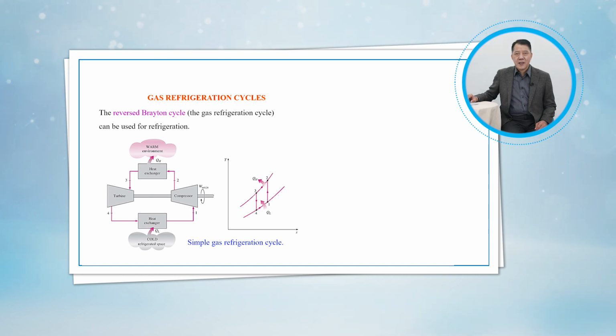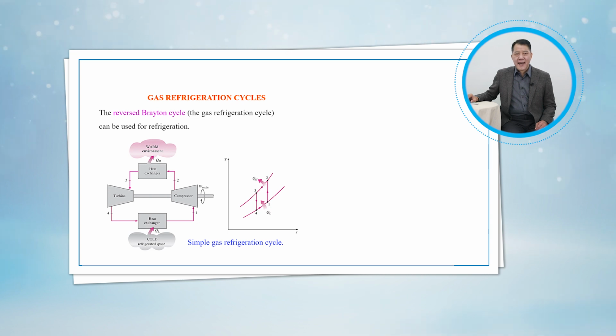Finally, the cool gas absorbs heat from the refrigerated space until its temperature rises to T1. All the processes described are internally reversible, and the cycle executed is the ideal gas refrigeration cycle.